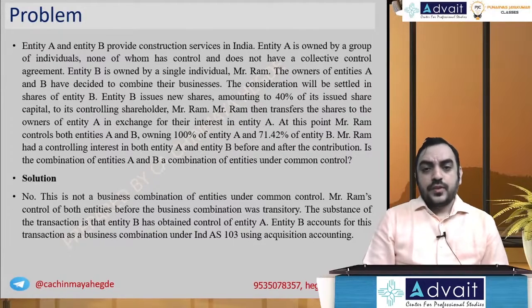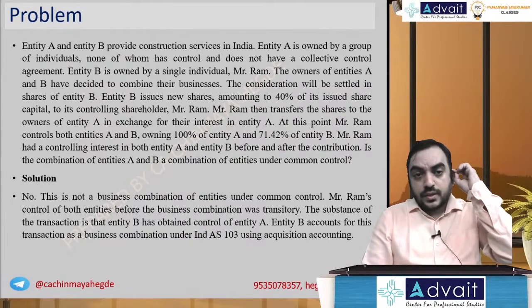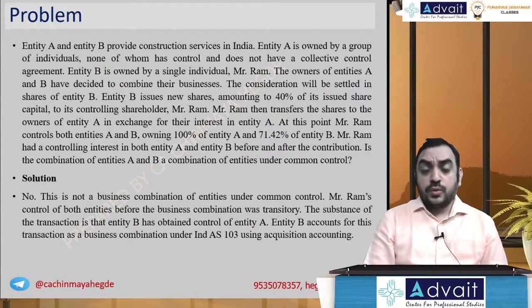Entity A and Entity B provide construction services in India. Entity A is owned by a group of individuals, none of whom has control and does not have a collective control agreement. Entity B is owned by an individual, Mr. Ram.